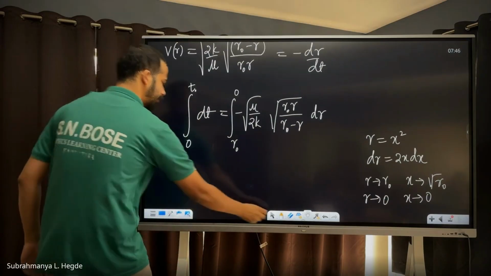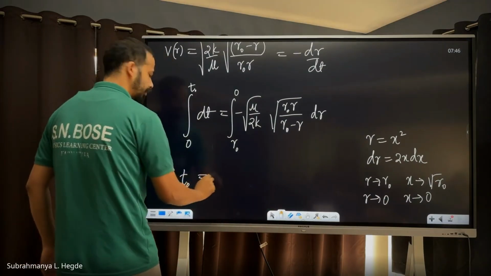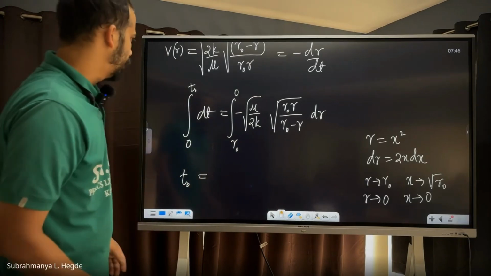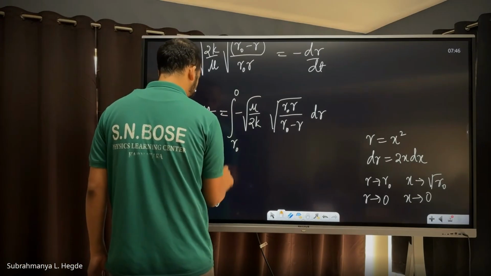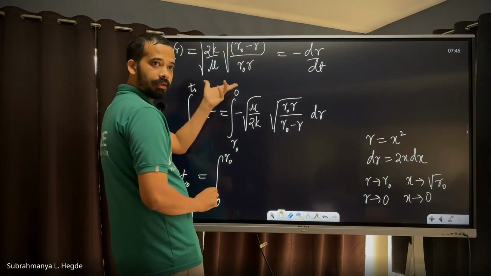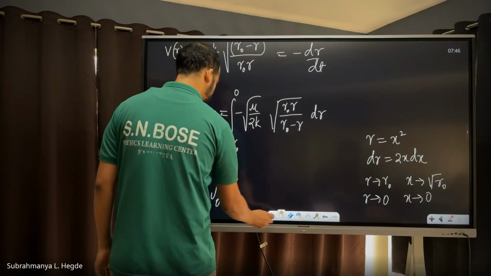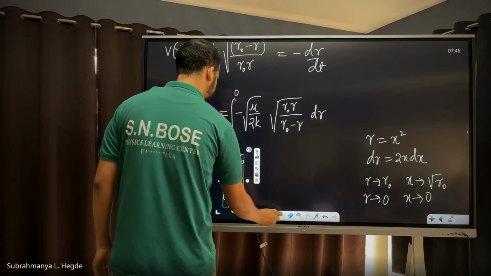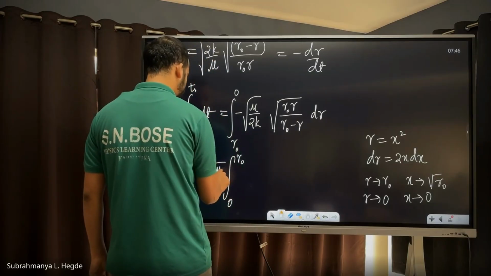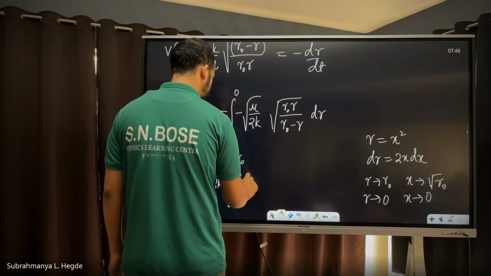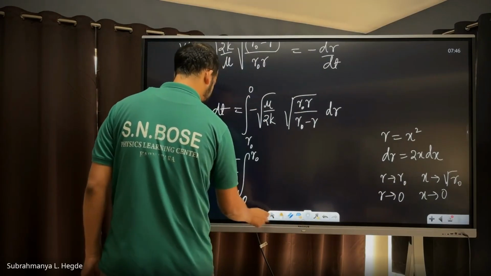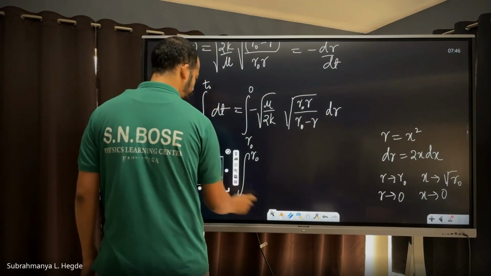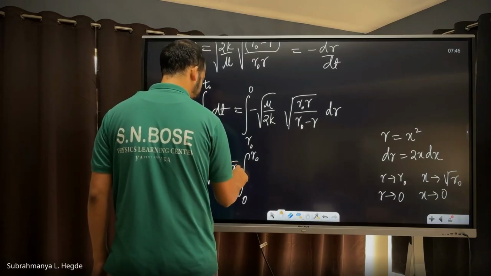This will be the time that we are looking for. That's equal to, I'll write one more time, 0 to r naught. I'll absorb this negative sign and flip the integral limit. Root of mu by 2k, and root of r naught also I can take outside.